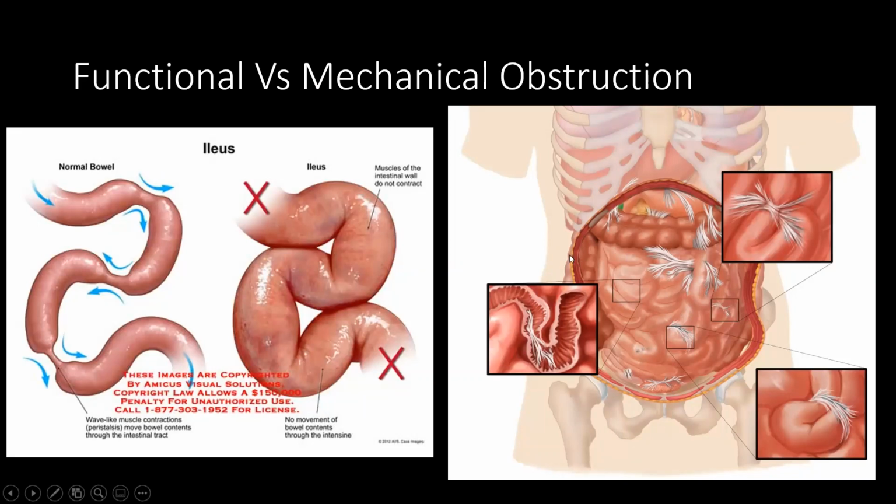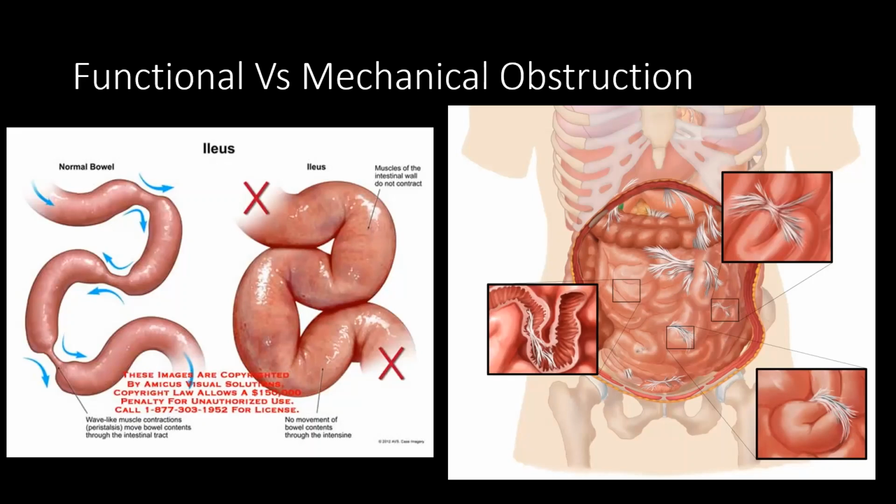Why does that happen? The most common cause of ileus is post-abdominal surgery. If a patient's abdomen has been manipulated by abdominal surgery, this will irritate the bowel wall, so this patient will most likely end up with ileus. That's why we do not discharge any patient post-abdominal surgery before he is passing at least flatus or stool, to make sure that the bowel has regained its movement.